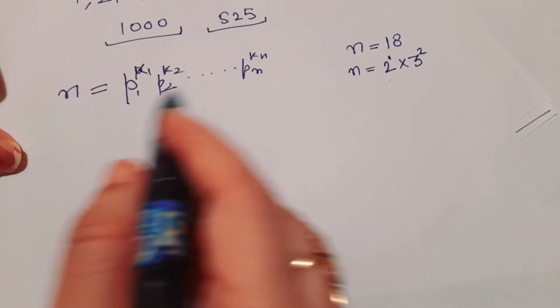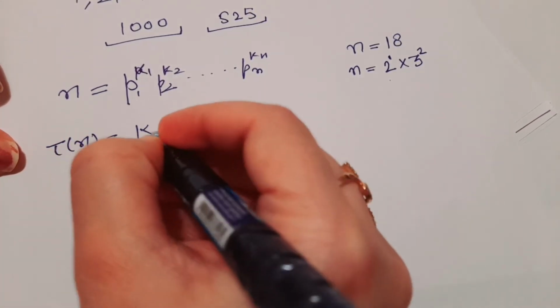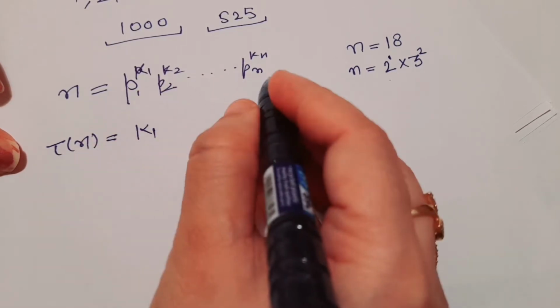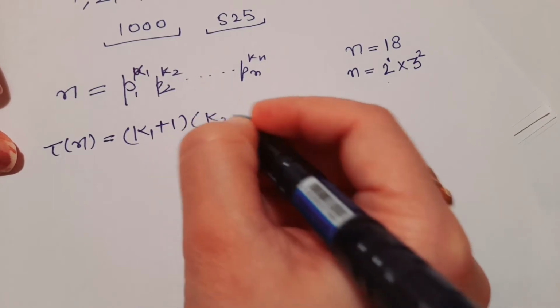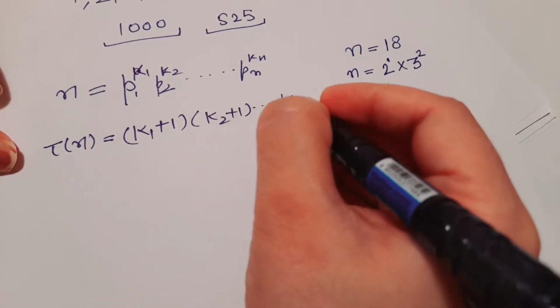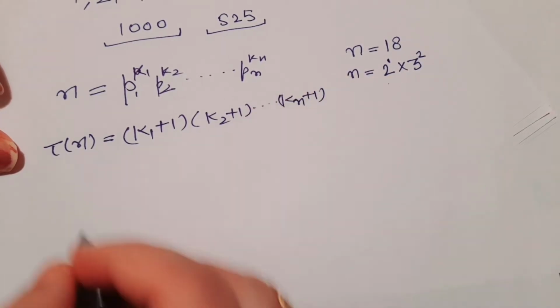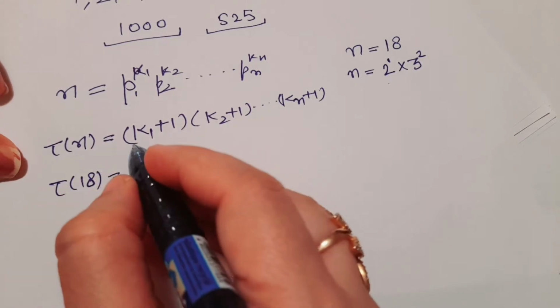So after prime factorization, tau n will be, you don't need to see p1, p2 and pn, just add 1 to each power and multiply: k1 plus 1, k2 plus 1, and so on up to kn plus 1. So tau of 18 will be equal to, what is k1?